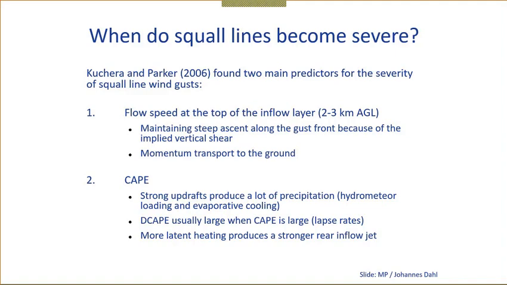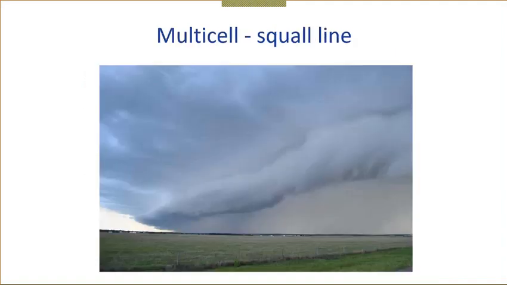You have to look at the flow speed itself, but you also have to take into account the CAPE, to give a sort of estimate of the strength of the downdraft. So I already told you that you have to look at different kinds of factors. Not only the upward motion is important, but also downward motion, to have a sort of clue how active such a squall line will be.